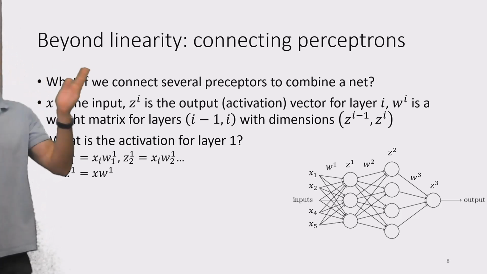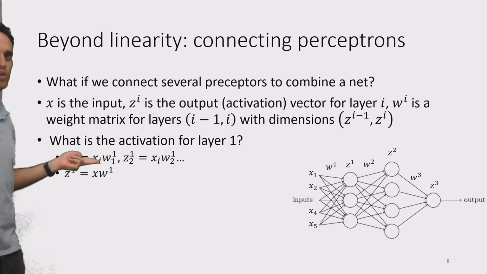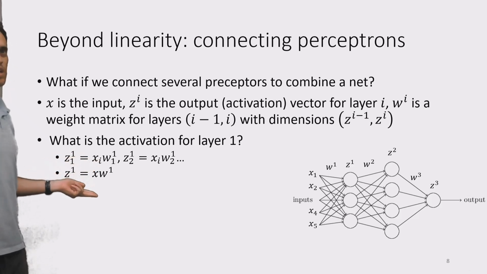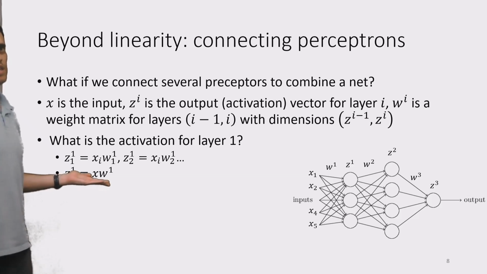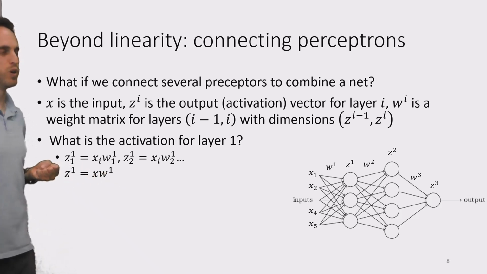Right, and as you said, we can do the computation per neuron, or perceptron if you would like, in layer 1. Z11 is x times W11, right? So it's just a dot product of the vectors, but of course we can use matrix notation and say that the entire Z1 vector is the x input vector times the W1 matrix.